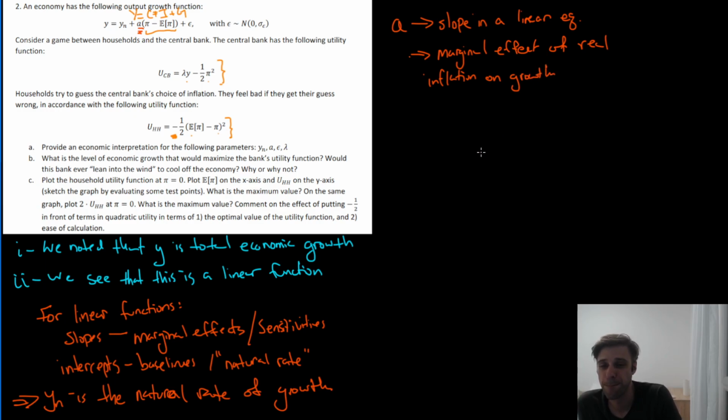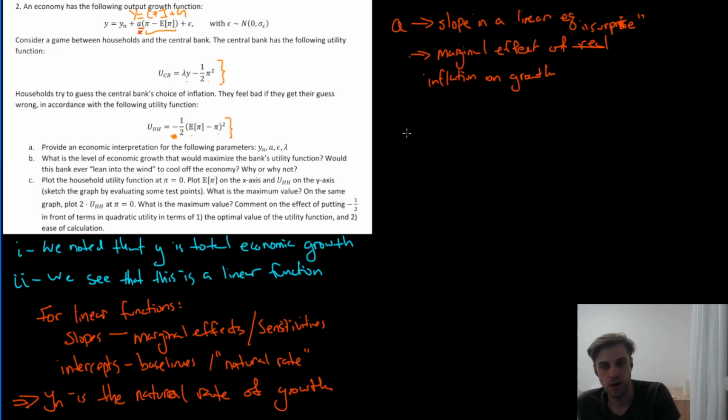Maybe real inflation is not a good word. I've been saying real inflation, and I think that's incorrect, and I apologize. We can think of it as surprise inflation. Why? Because there's some amount of inflation, and then we subtract off how much we thought there was going to be. If these are equal, then there's no surprise. If the expectation is too small, it's a positive or negative surprise. So it's the marginal effect of surprise inflation on growth.